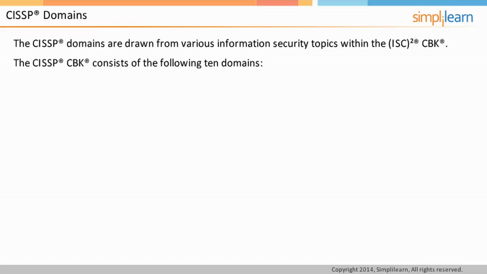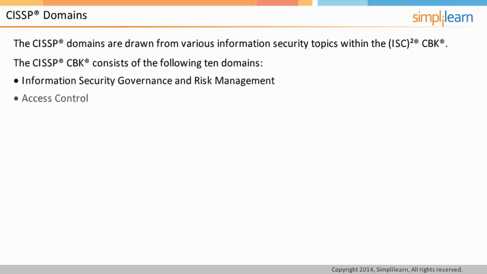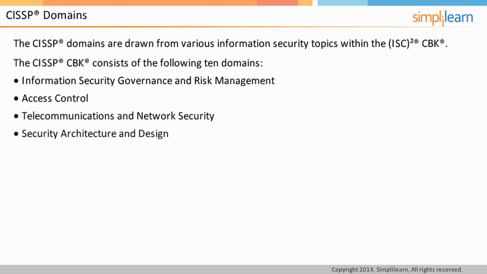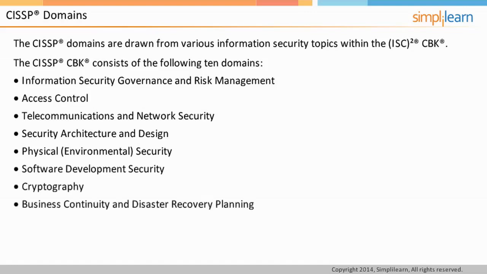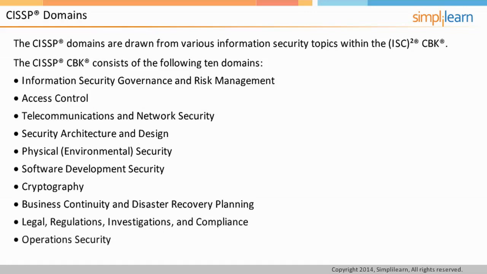The CISSP CBK consists of the following 10 domains: Information Security Governance and Risk Management, Access Control, Telecommunications and Network Security, Security Architecture and Design, Physical or Environmental Security, Software Development Security, Cryptography, Business Continuity and Disaster Recovery Planning, Legal, Regulations, Investigations and Compliance, and Operations Security.